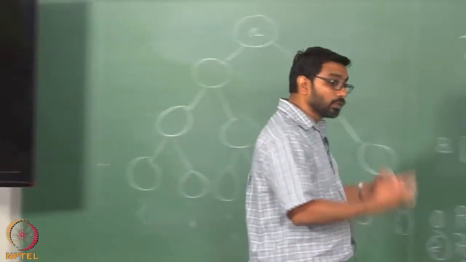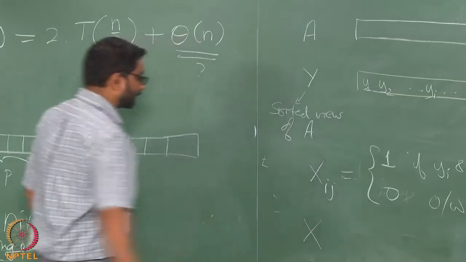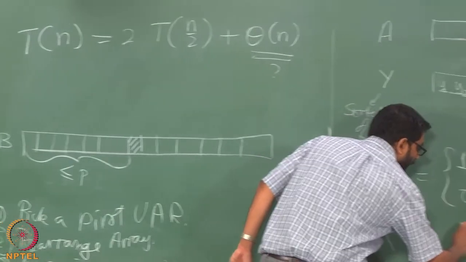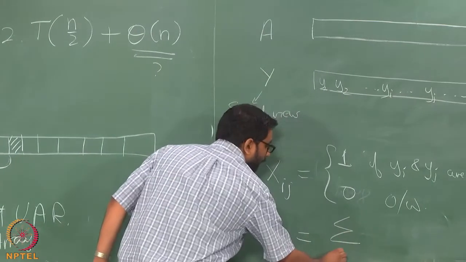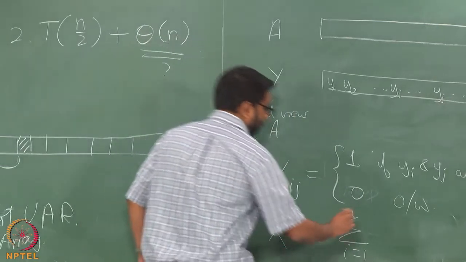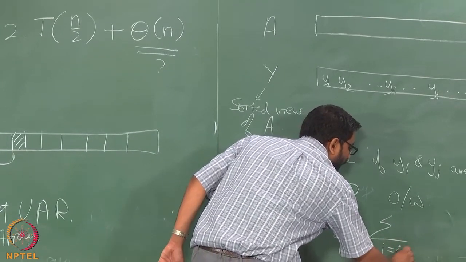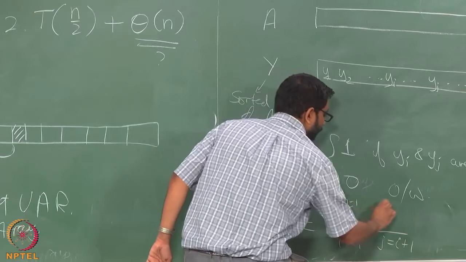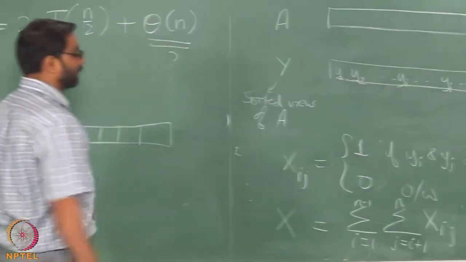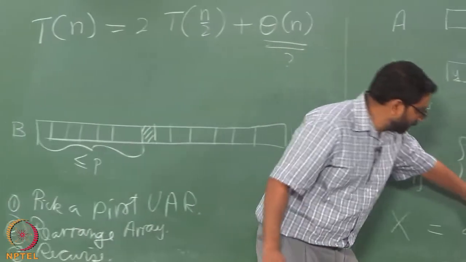So if you want a handle on the total number of comparisons, let's denote that by the random variable X. That's essentially equal to this double summation. Okay. This is essentially the easiest way to think about it.